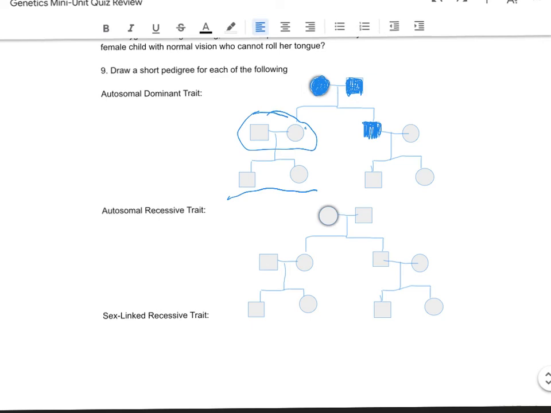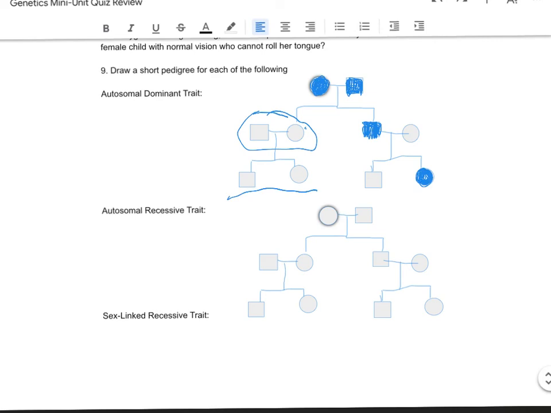We could also expect to see a situation like over here, if we had one parent who had the trait and one parent who didn't, it would be possible for a child to have the trait. Like so. So this tree I've drawn here could be an example of that sort of trait. Also things to look for would be males and females are about equally affected. You wouldn't see a lot more of one sex having the trait than the other because that would indicate it was a sex-linked trait.